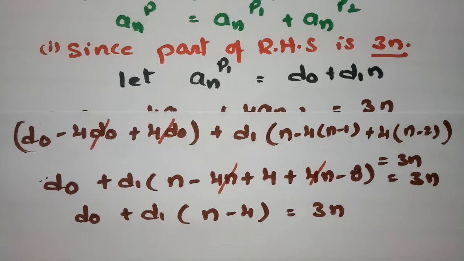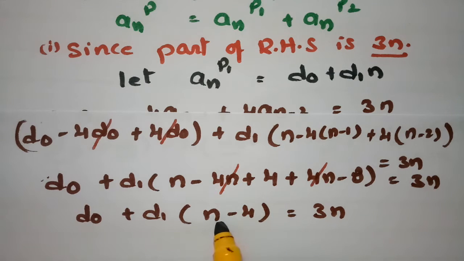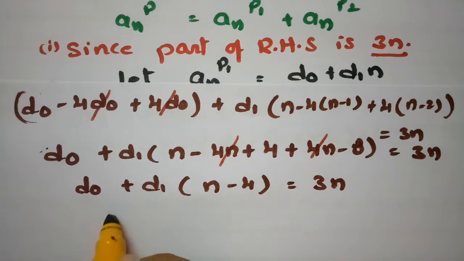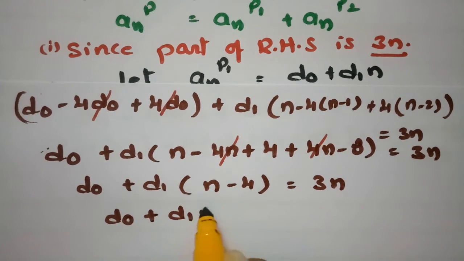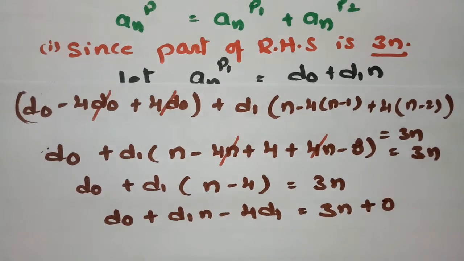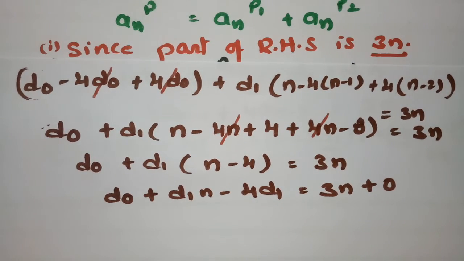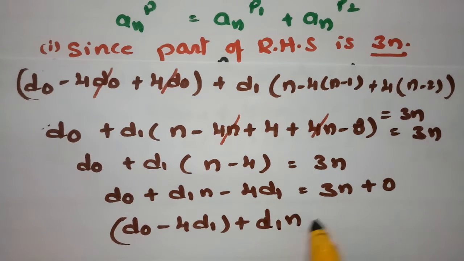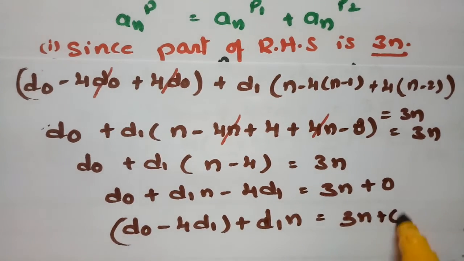So I got an equation as d0 plus d1 times of (n minus 4) is equal to 3n. So if I compare the quotient here, this will be d0 plus d1n minus 4d1 is equal to 3n plus 0. So see here, what are the constants here? d0 minus 4d1, and here this is d1 into n is equal to 3n plus 0.